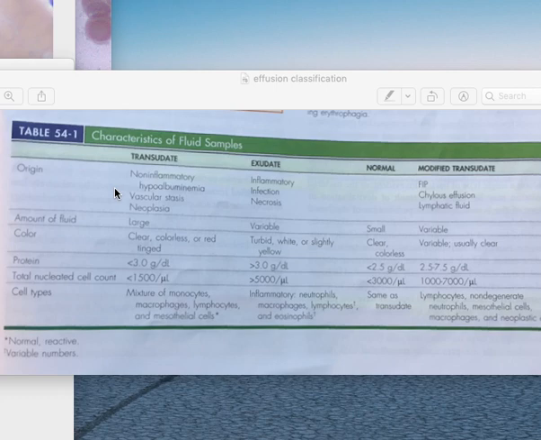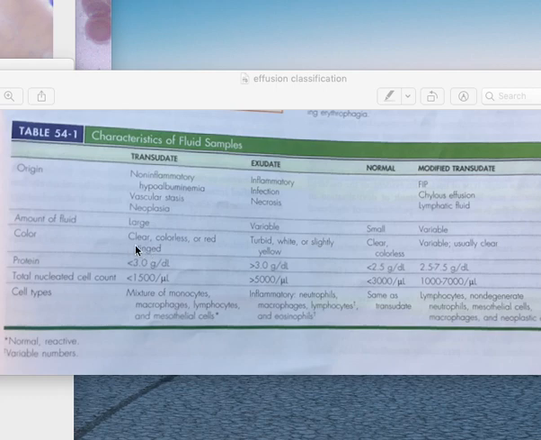So it's usually a thin, clear fluid that is there by way of having lower protein levels and things like that. Exudates would be more like a perforated intestine, infection, and necrosis, maybe in the abdomen, or a tumor that's causing a thicker fluid with a lot of cells in it.